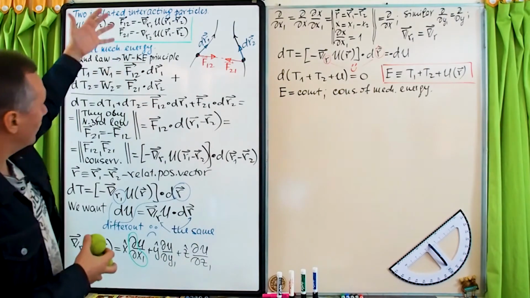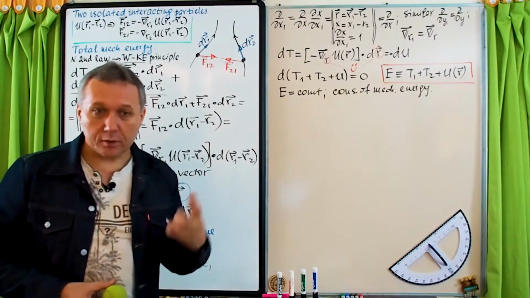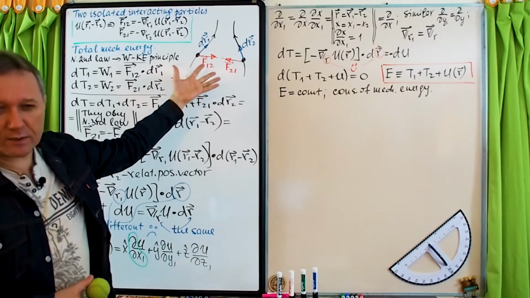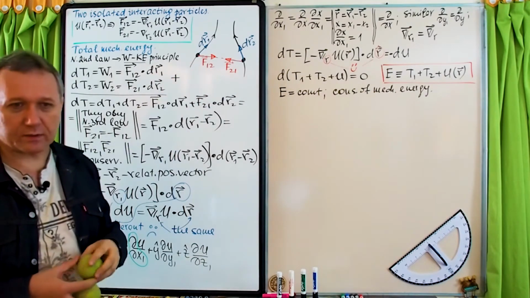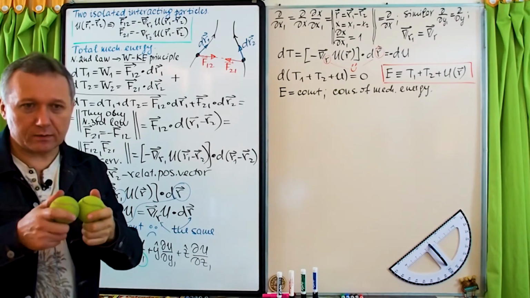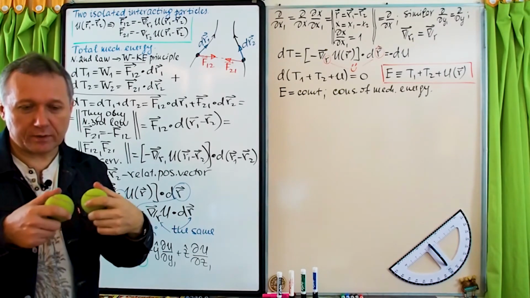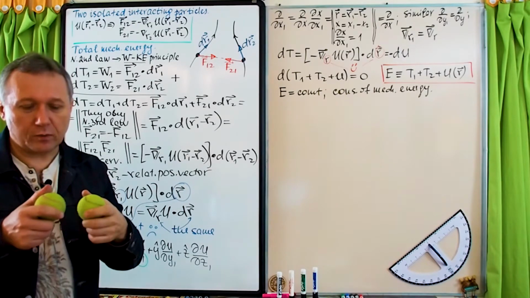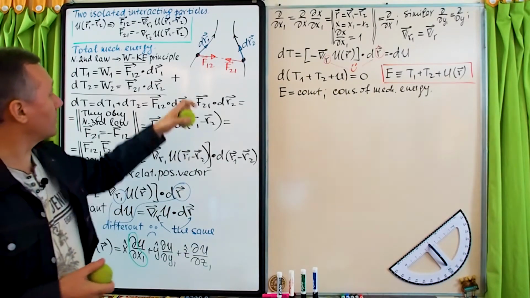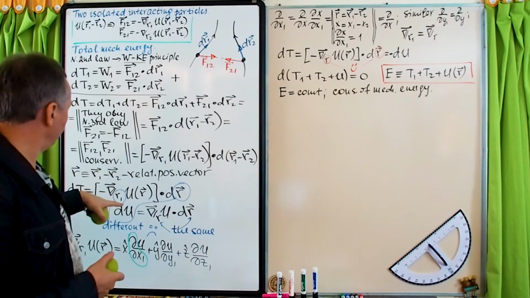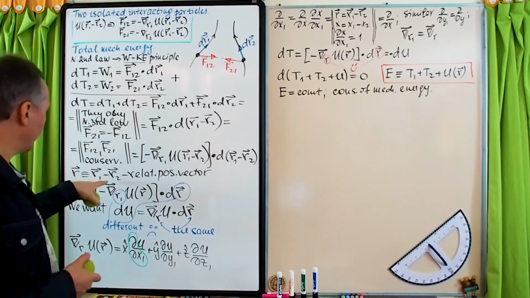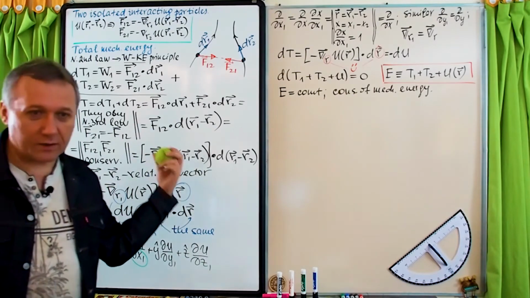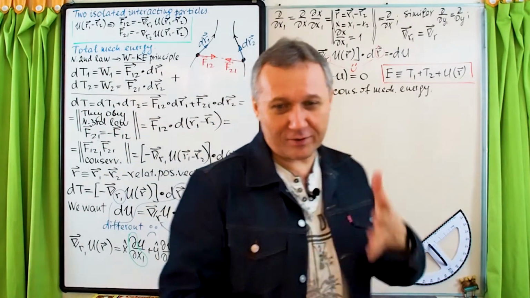So basically, all this is applicable. The only difference here, of course, is that these forces are distant forces, they act over long distance. But in this case, force acts between objects basically only during the contact. Once r, the relative position vector, increases, the force and potential decay very, very fast.